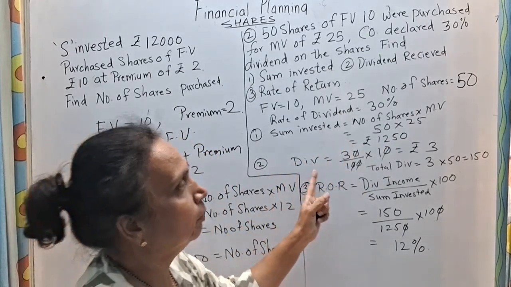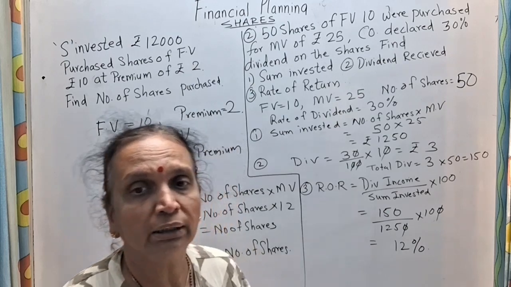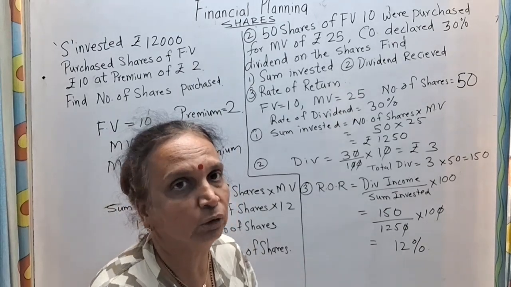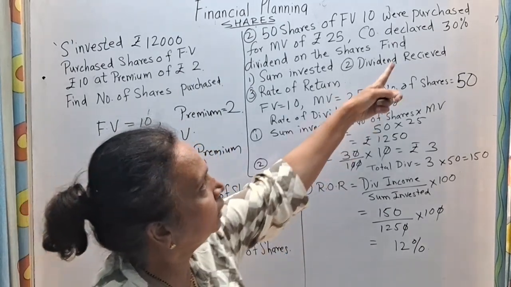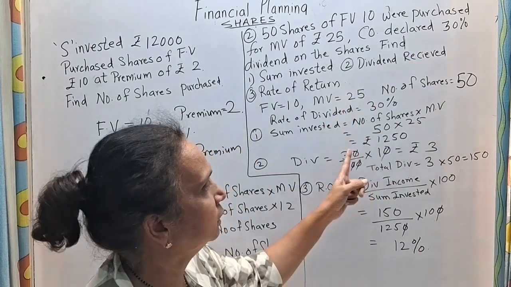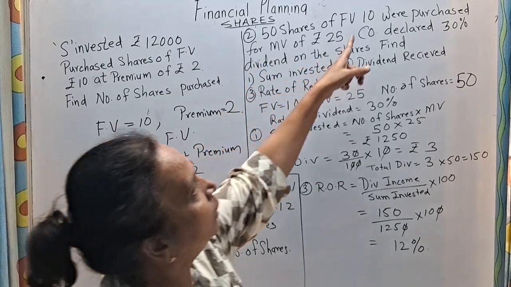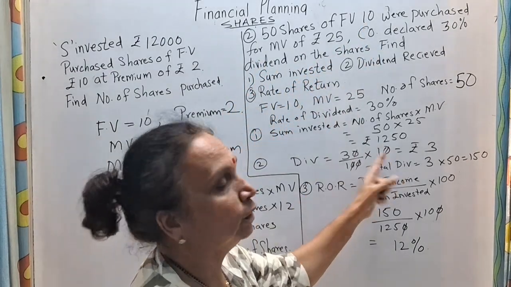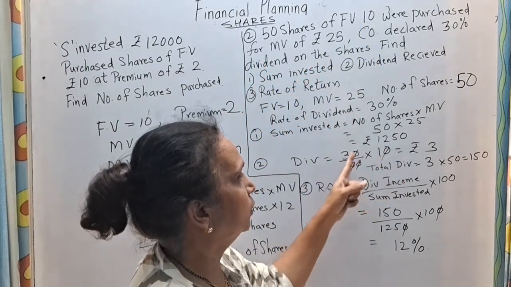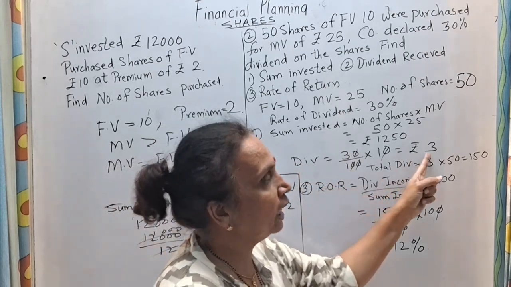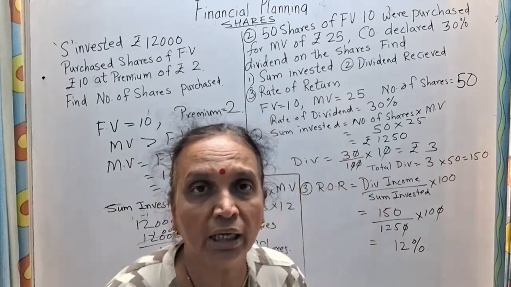Now dividend, remember dividend is always calculated on the face value. So dividend rate is given, that is 30%, means 30 upon 100 into the face value, which is 10, into 10. So 0 cut, 0 cut, 0 cut, 0 cut. So per share he is getting rupees 3 as dividend.